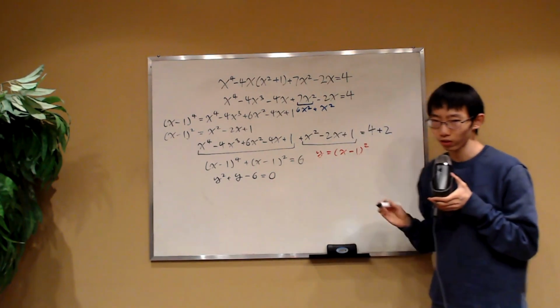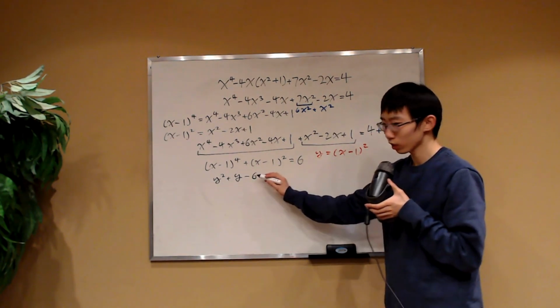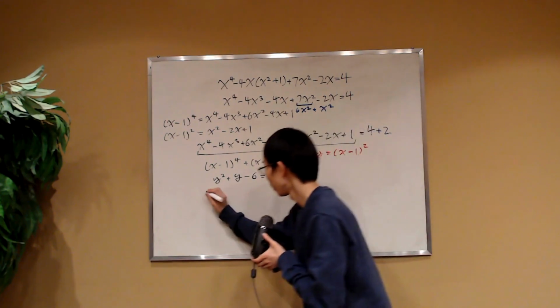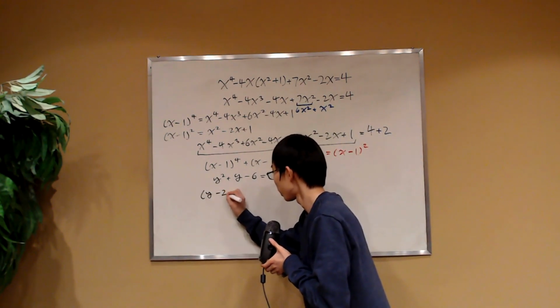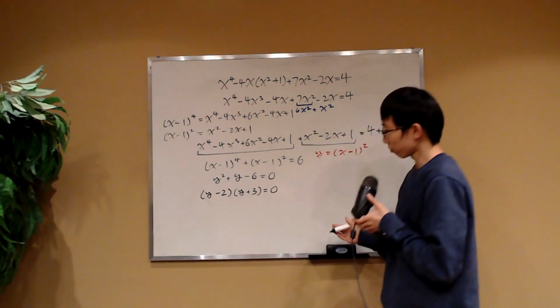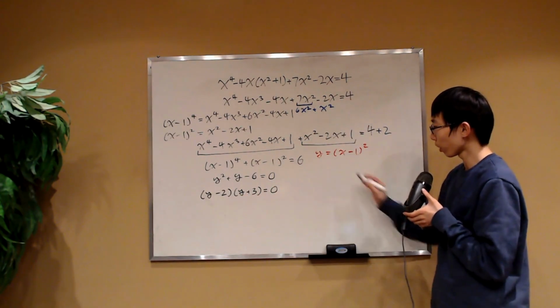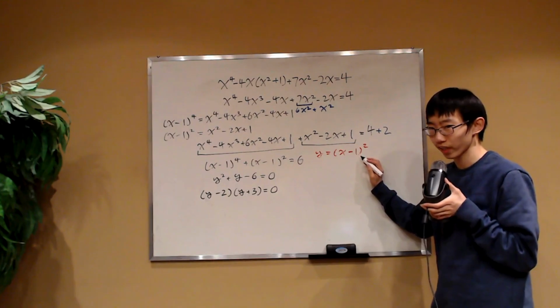Moving the 6 over, of course. Solving this requires basic quadratic skills. Here, this one can be factorized as y minus 2 times y plus 3. And because they are in factored form, we can get the roots, right? Now remember, y is equal to this expression, so don't forget about that.